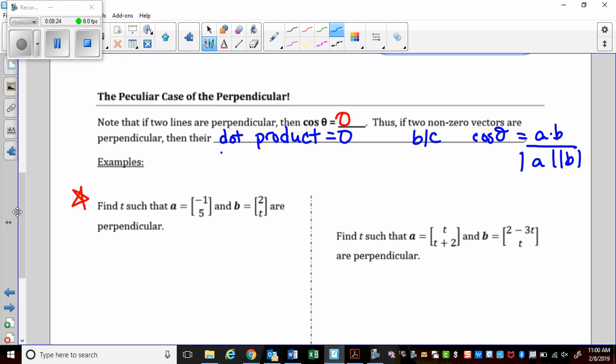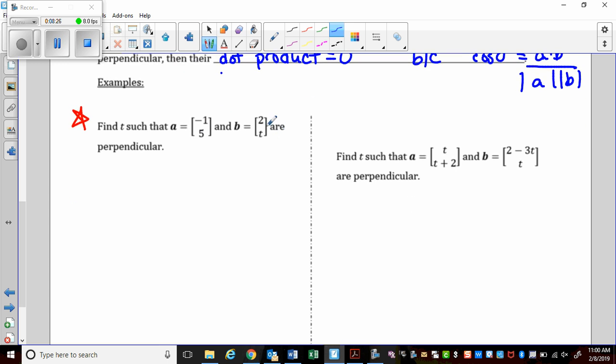So let's try this. Find t such that a and b are perpendicular. So we know that this is going to be perpendicular when a dot b is equal to 0.